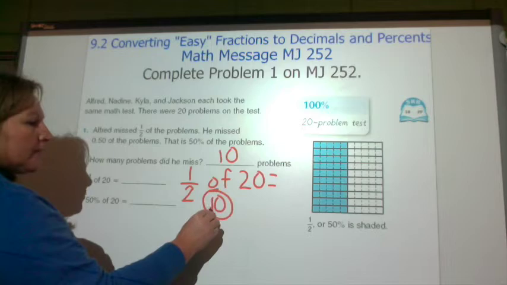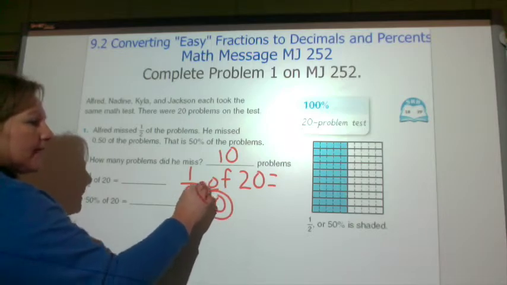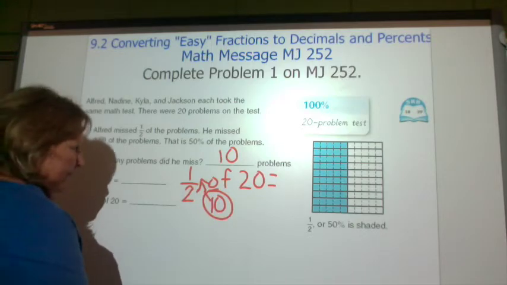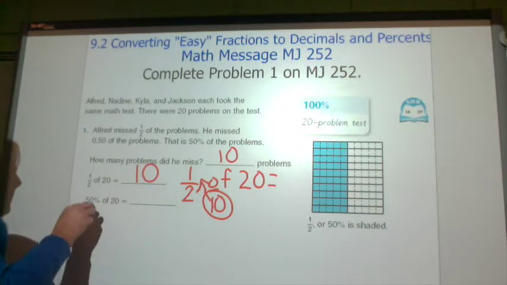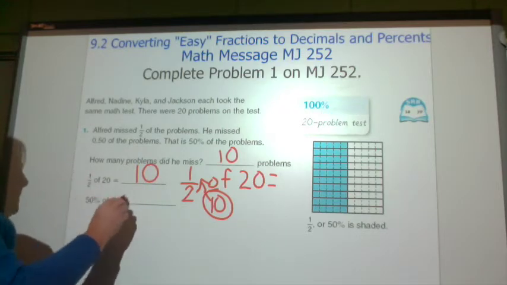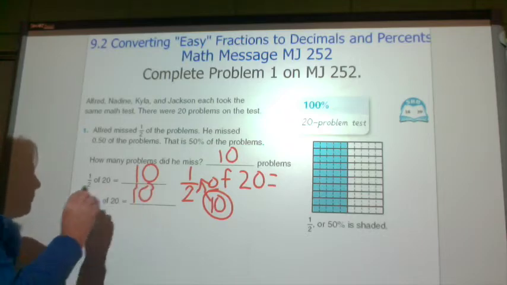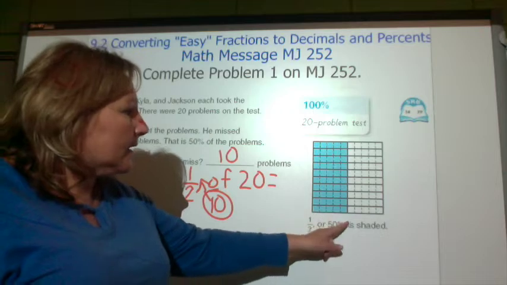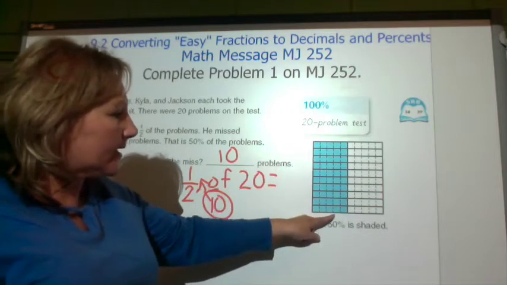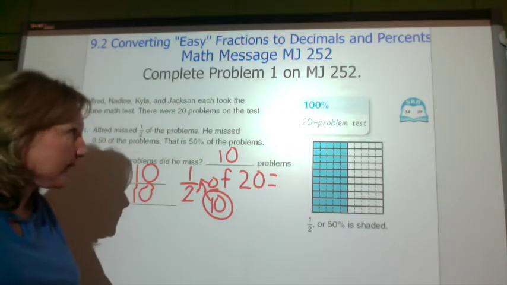Circle that so you remember you have to do something else, and 10 times 1 is 10. So half of 20 is 10. 50% of 20 is the same thing as half, so that is also 10. If we look over here, this is showing that half is shaded, or 50% is shaded.